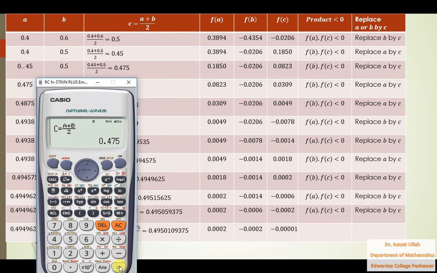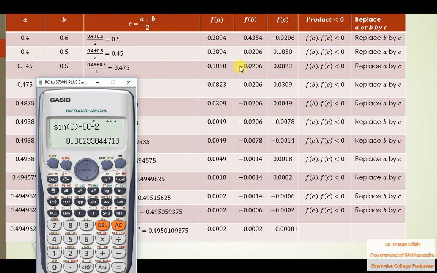Again press equal sign, you will get f of a 0.1849, which means 1850. And f of b is minus 0.0205, rounding this up to 4 decimal places, so 06. And then press equal sign, that is f of c, 0.0823.